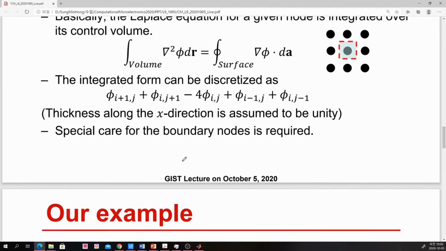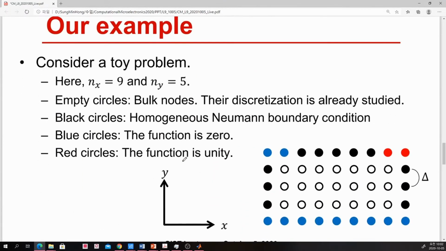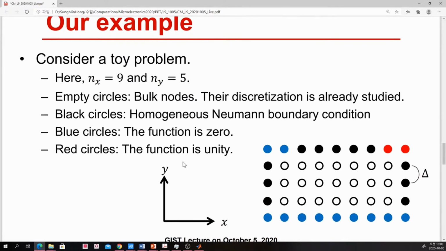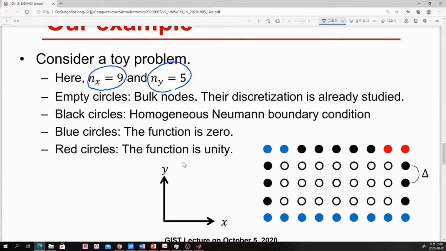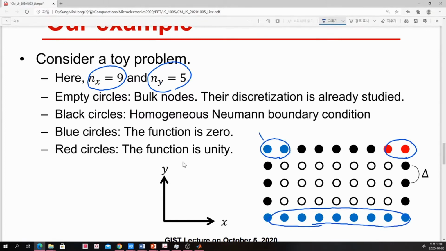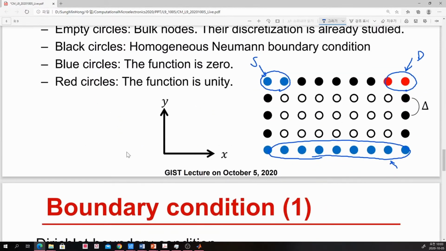And now let's go to our example, and once again we have the 9 by 5 setting. Here we have 3 contacts, and this is an analogy of our usual source, this is a drain, and this is corresponding to our substrate.